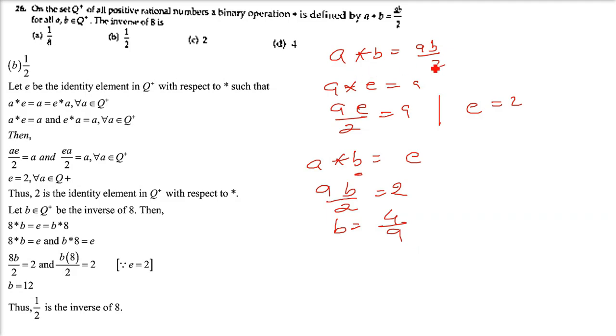So just replace A by 8. And 4 by 8, you can write as 1 by 2, because the option here is B, 1 by 2. Just put A as 8. B equals 4 by 8, it's 1 by 2. Okay, so 1 by 2 is the inverse of 8.